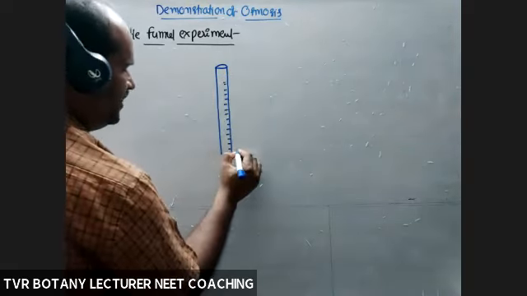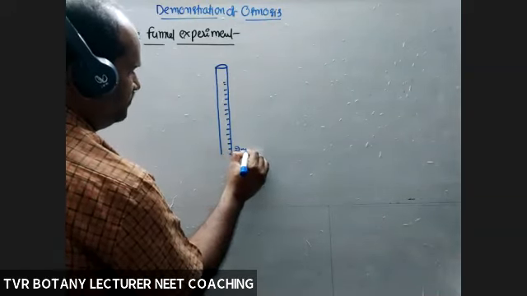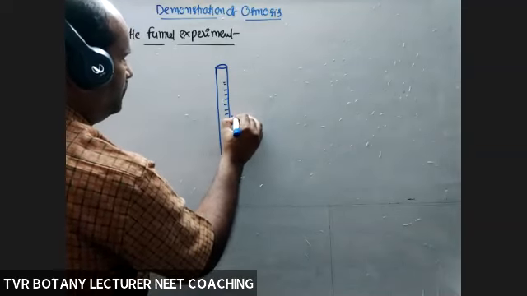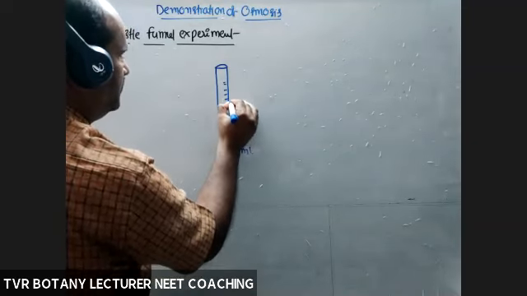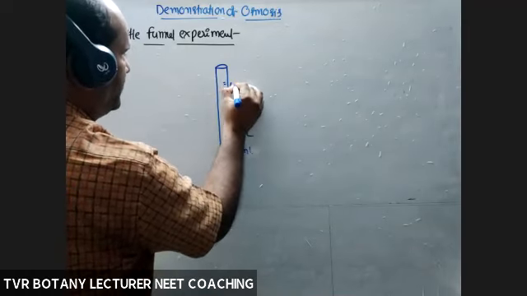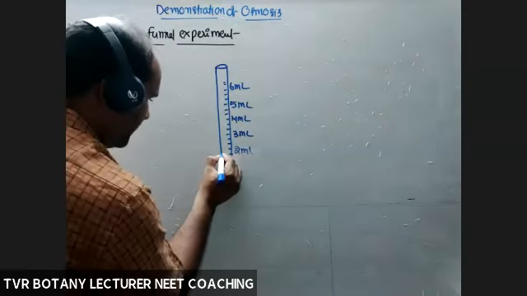For example only, from here onwards 2 ml, 3 ml, 4 ml, 5 ml, like that, a graduated tube with a scale, and the remaining part of that.